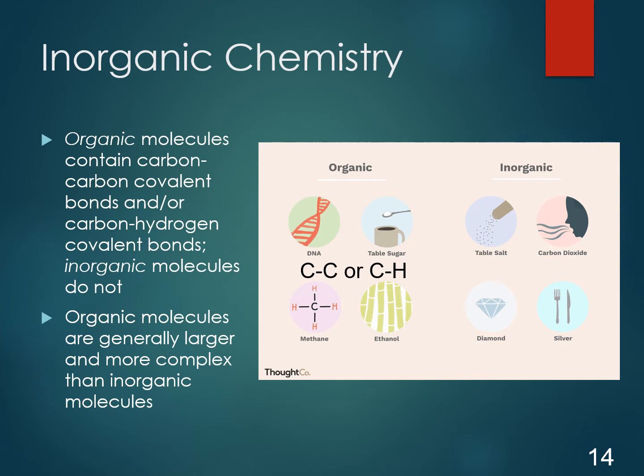So this is a very strong bond that is created between carbons and hydrogens, or carbons and carbons, which makes them very difficult to dissociate or dissolve in water. Some examples: table sugar, DNA, methane, ethanol. Other examples: carbs, fats, and proteins.